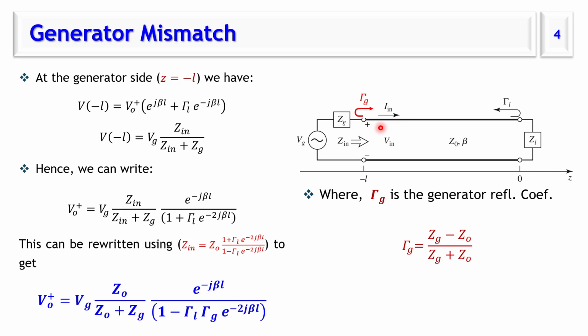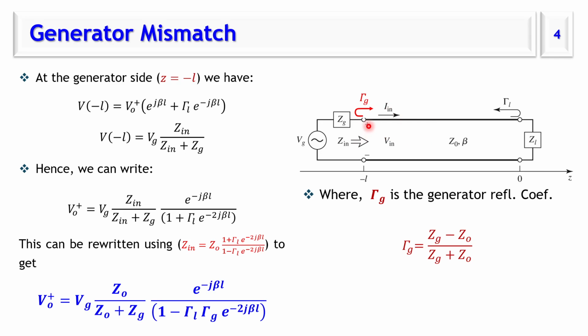So at the generator, what we see from here is a load of Zg, and our characteristic impedance is Z naught. So the reflection coefficient here is gamma G, which is the reflection of the voltage incident. Here is a negative voltage, and the reflection would be the positive voltage.